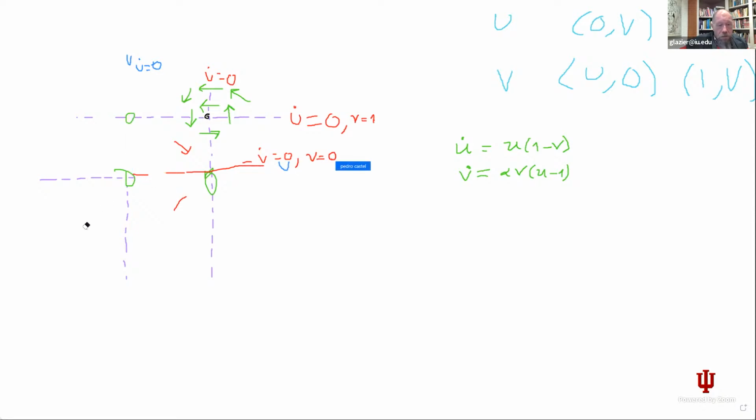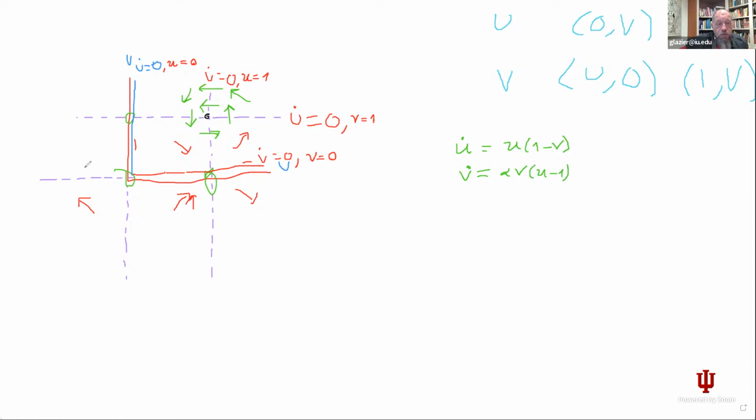Oops, I lost it. Sorry. Wonder if I can undo something. Upwards and to the right. So this will mirror in that direction. Let's see where we have our lines. This is this way. When we cross here, we flip this way, so this will go this way. We cross here, we're crossing a u dot null-cline. So this is going to flip in the u direction. So this would be this way. But here we're crossing the v dot null-cline.